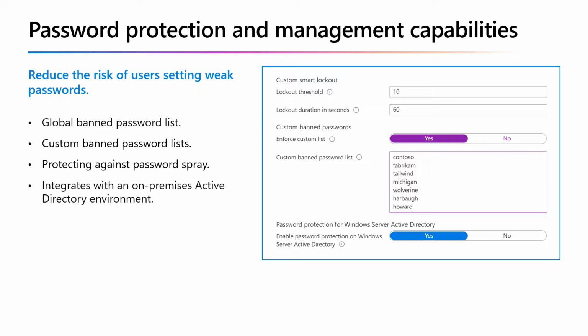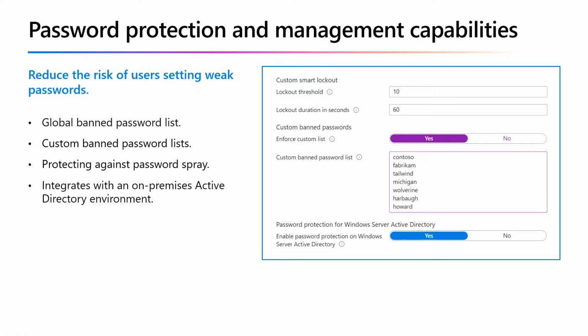Password protection is a feature of Microsoft Entra ID that reduces the risk of users setting weak passwords. Microsoft Entra Password Protection detects and blocks known weak passwords and their variants, and can also block other weak terms that are specific to your organization.